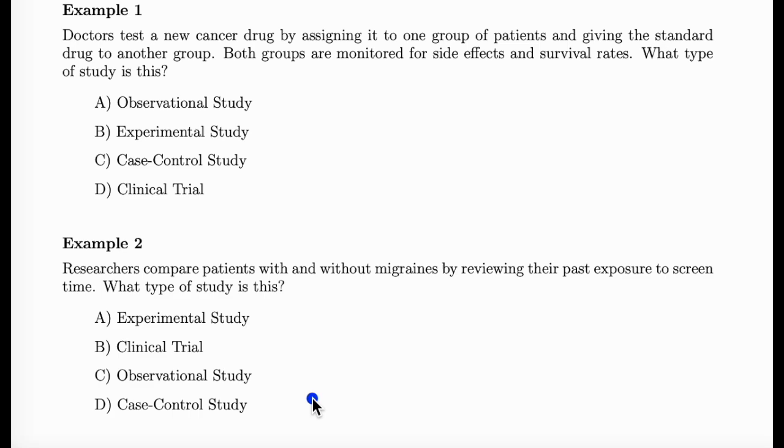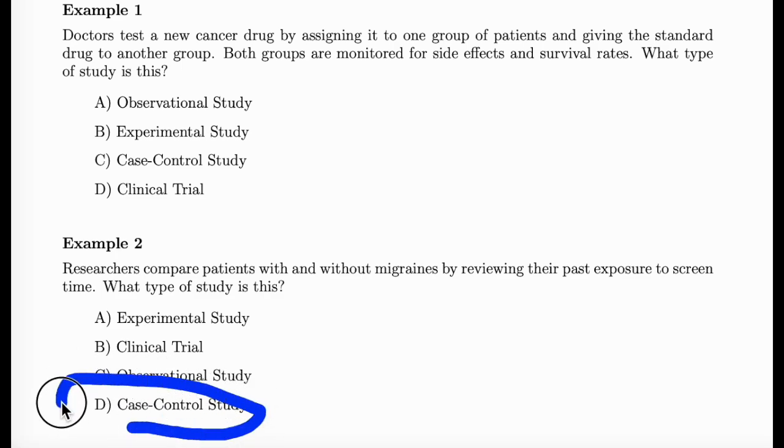This is definitely going to be some kind of observational study because there's no treatment applied. However, this study compares people who have had migraines and who have not. So we're making a comparison between groups. So this is going to be a case control study.